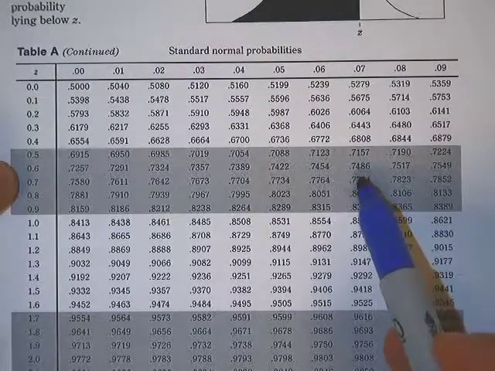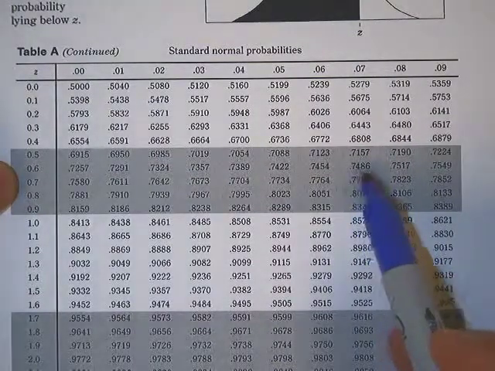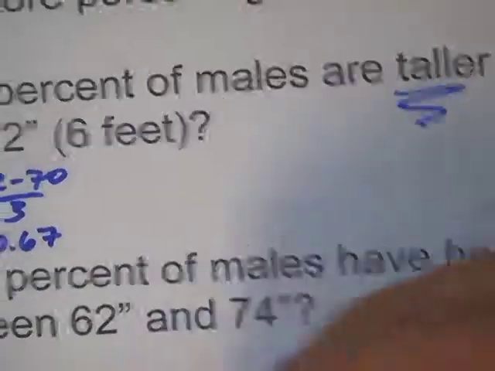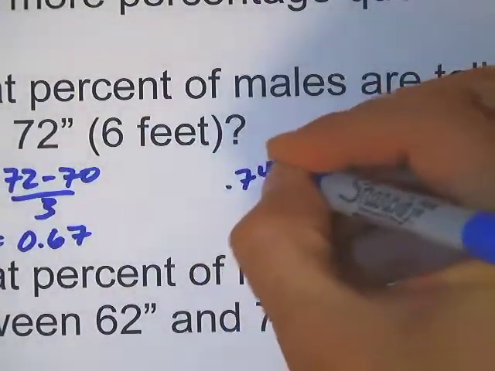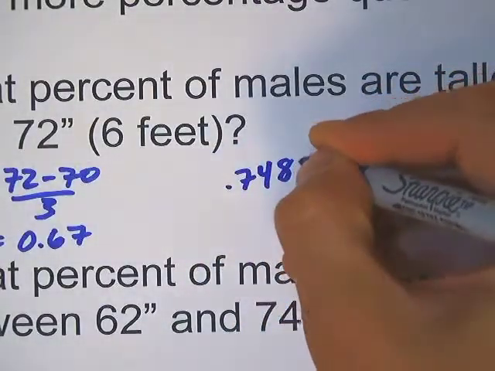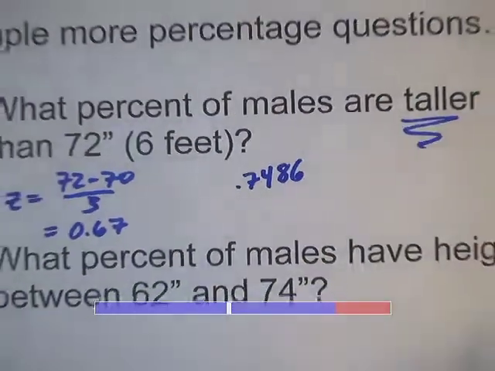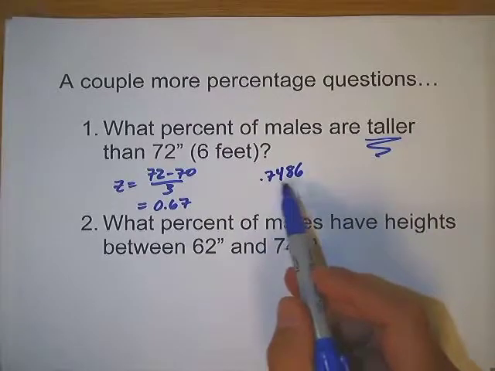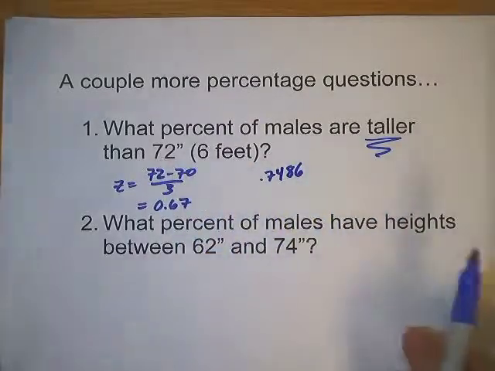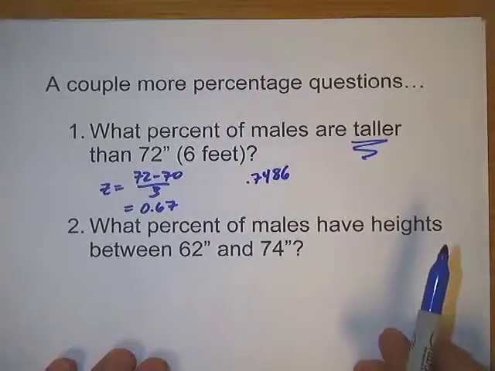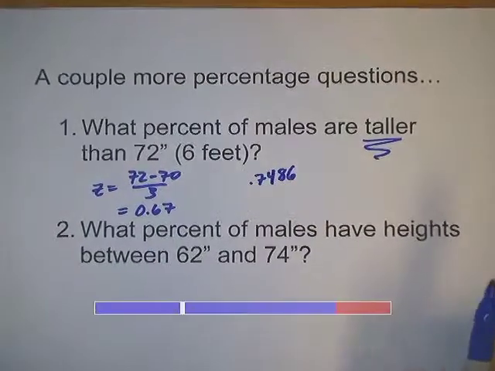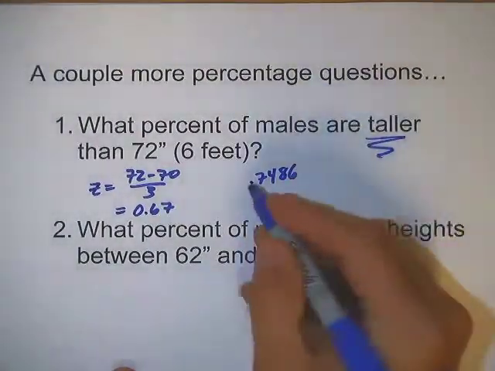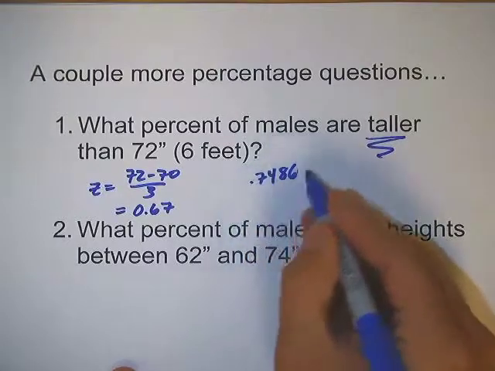This is going to be 0.7486. Remember that this value tells me the probability of somebody being shorter than 72 inches, which is about 75%.